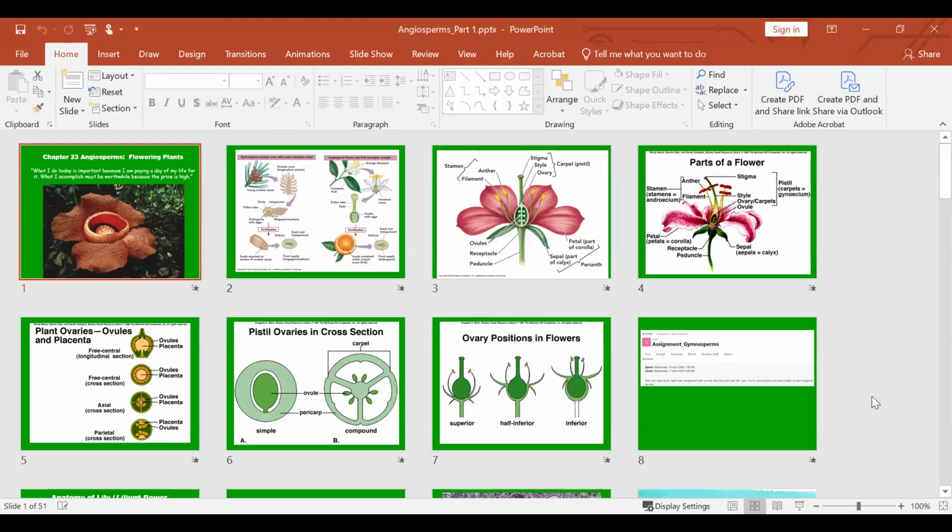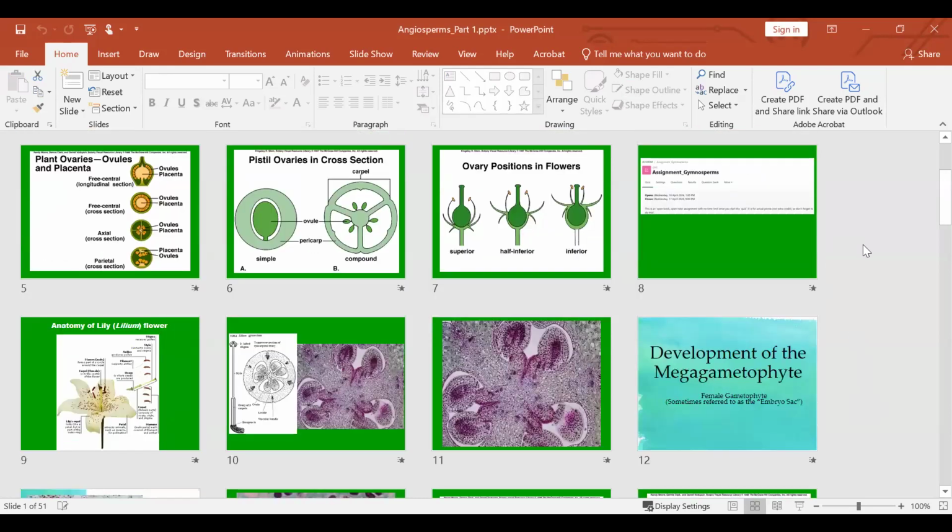Flower anatomy, I'll be asking about flower anatomy for sure. Fruit anatomy as well. And then the Polygonum type embryo development, embryo sac or megagametophyte development will be emphasized.